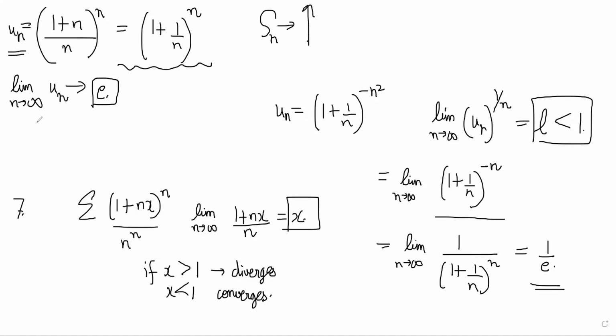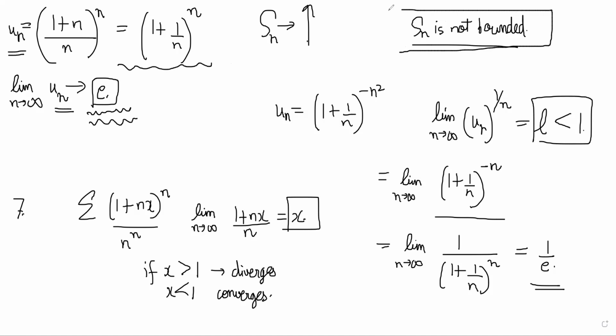When n is large, all the terms are getting closer to e, a finite value not tending to 0. So Sn is not bounded and you will not be able to find a bound for Sn.